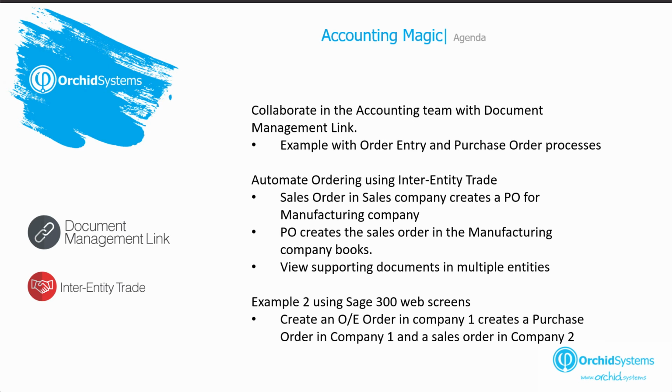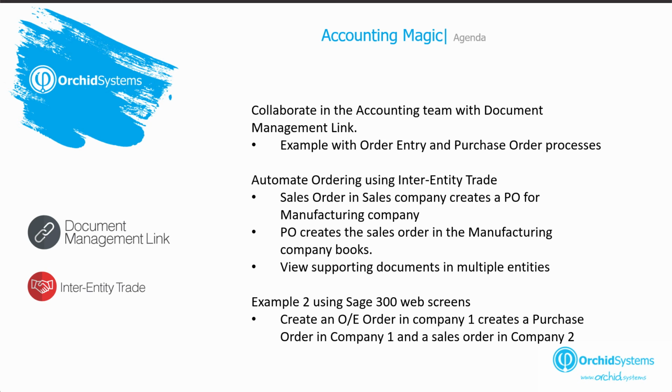The example we looked at involved a distribution company and a manufacturing entity. We enter an OE order, a sales order, in the distribution company, and inter-entity trade automatically creates the related PO for the manufacturing vendor in the distribution company, as well as a sales order in the manufacturing company.